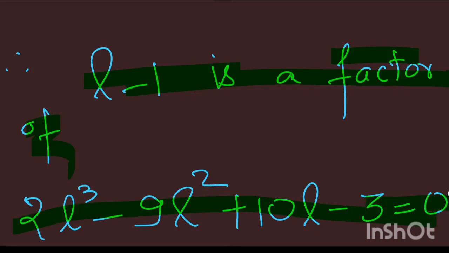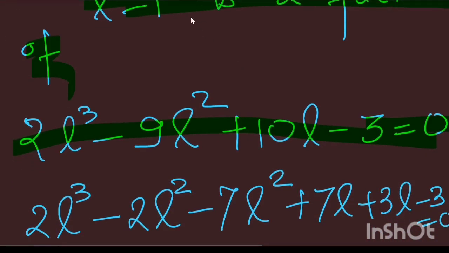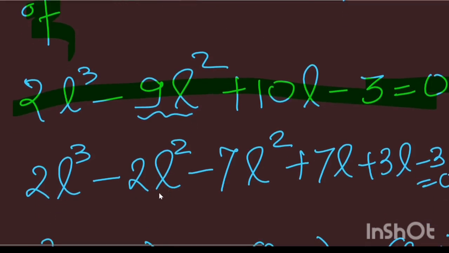Okay. So we can rearrange this polynomial in such a way that the L minus 1 factor comes out. What we will do is separate the minus 9L square, we will write it as minus 2L square minus 7L square. Similarly, plus 10L we will write as plus 7L plus 3L. Minus 3 as it is, guys.